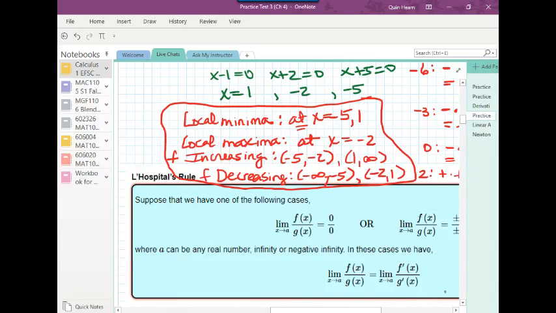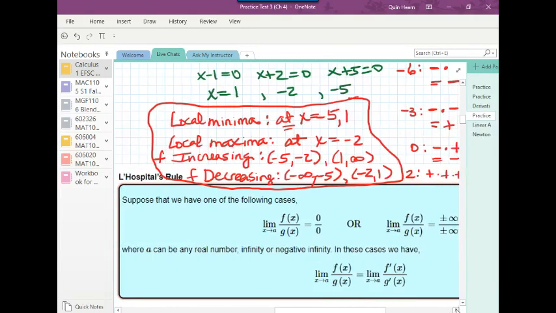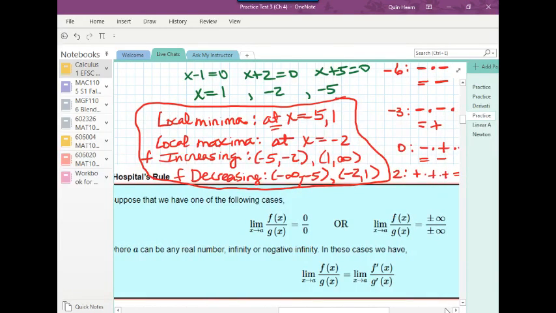But it's also positive from 1 to infinity. Okay, and where is f decreasing? That would be the other intervals, from -infinity to -5, and from -2 to 1.